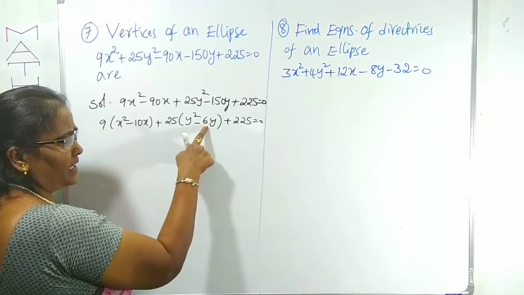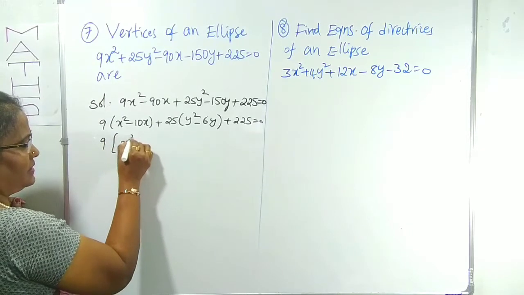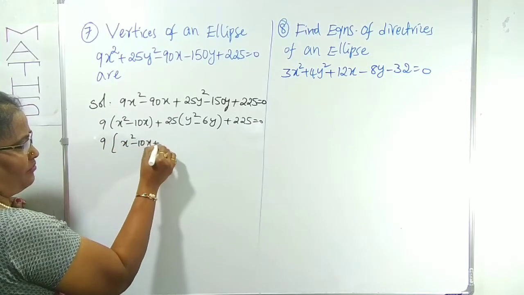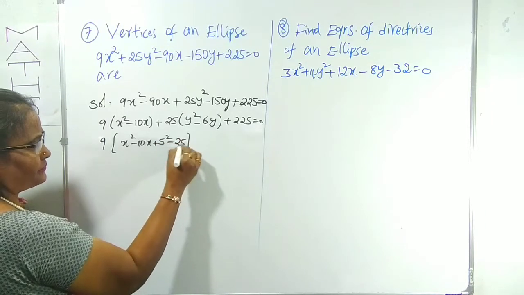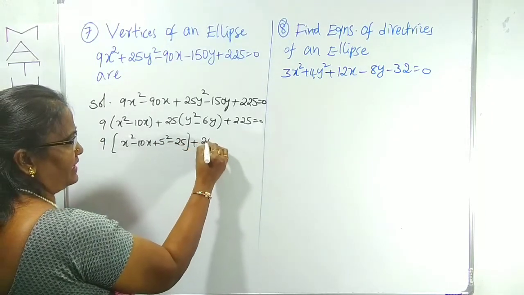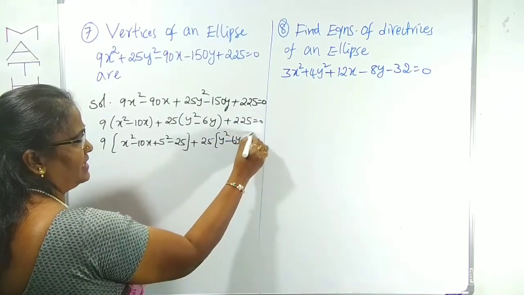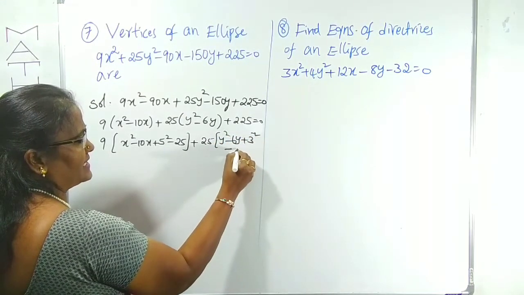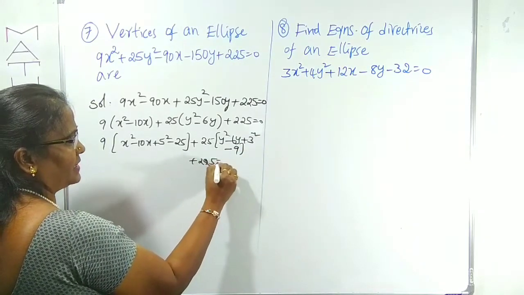We can add and subtract 3 square. Means here we add and subtract 5 square, minus 25, plus here 25 (y square minus 6y plus 3 square minus 3 square, that is 9), plus 225, right? Equals 0.